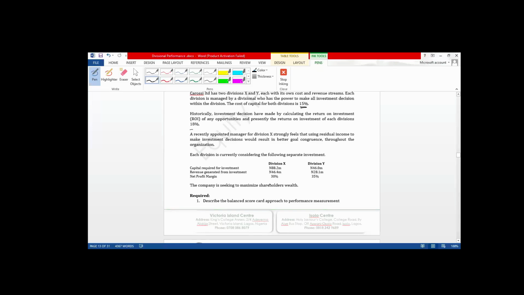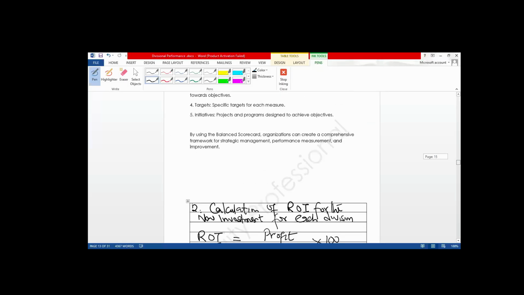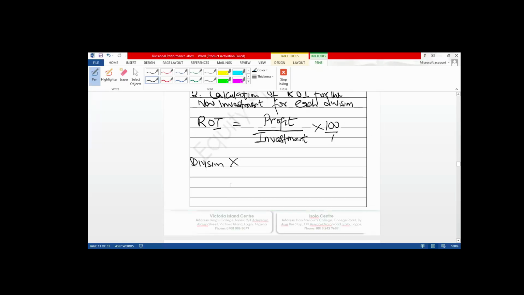Net profit margin, 30%. Division X, capital investments, 88.2 million.